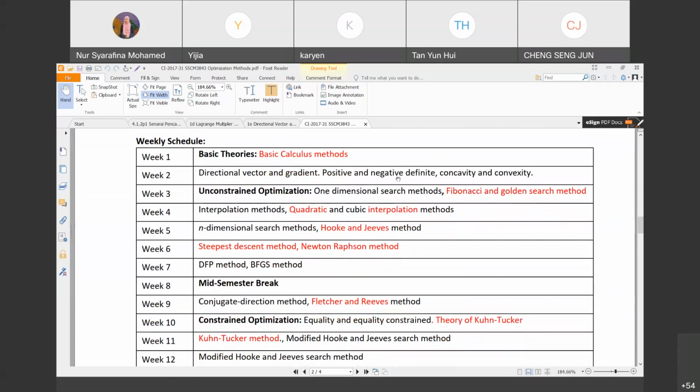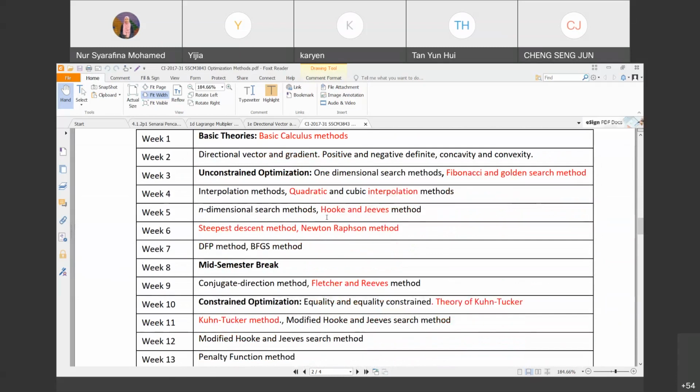Theoretically, it is like that. After this, we're going to proceed with the numerical process in understanding the unconstrained optimization. From what I can see, 7, 7, 8, 7, 6. Thank you.